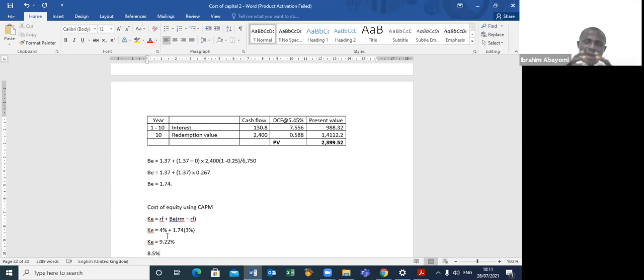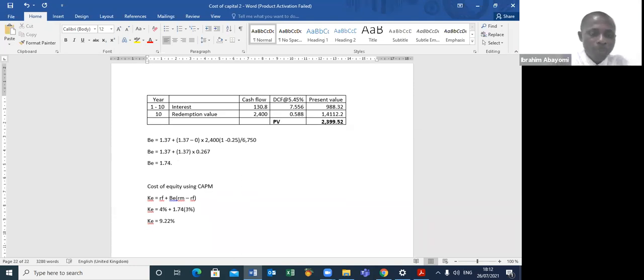So equity holders will require additional risk premium to compensate them for the additional risk associated with a higher level of gearing. That is the reason why the cost of equity went up from 8.5% to 9.22%.